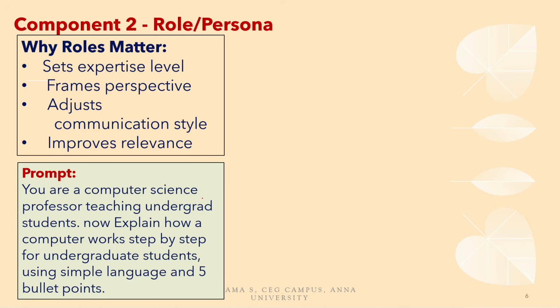Now we are going to include a role. The role is: you are a computer science professor teaching undergrad students. So here we are asking the LLM to mimic a computer science professor. Now explain how a computer works step by step for undergraduate students using simple language and 5 bullet points.